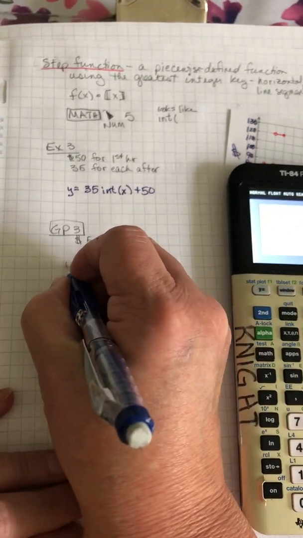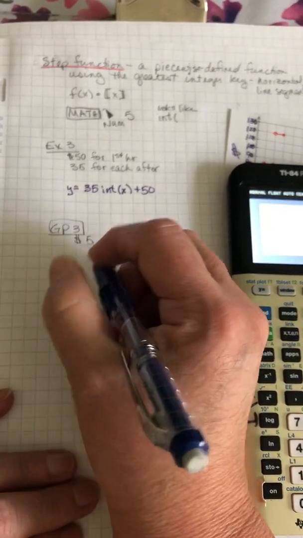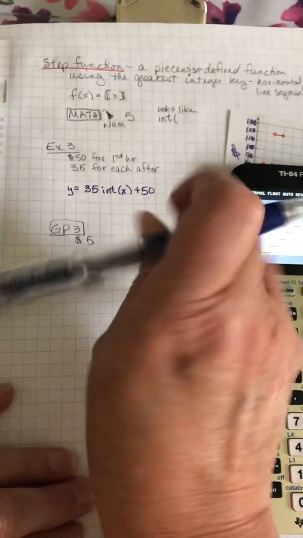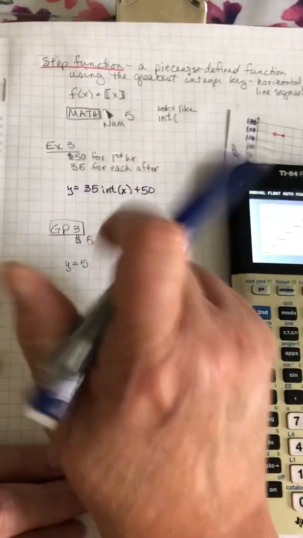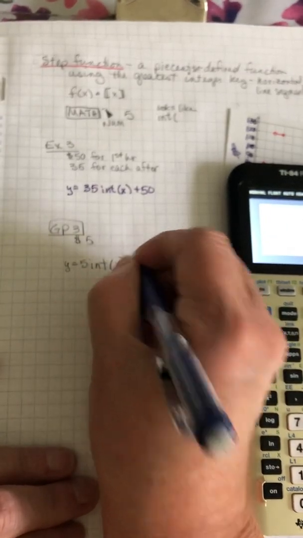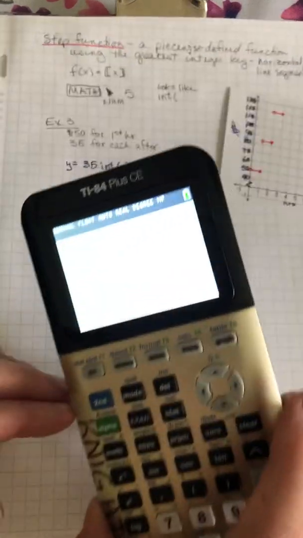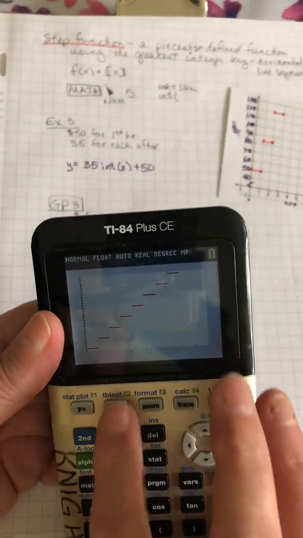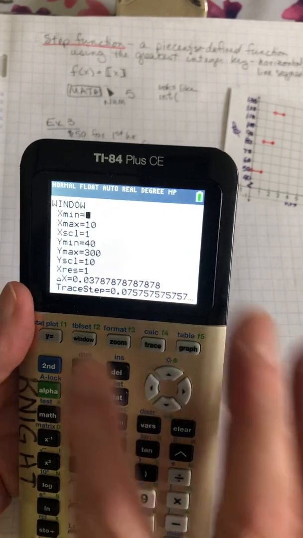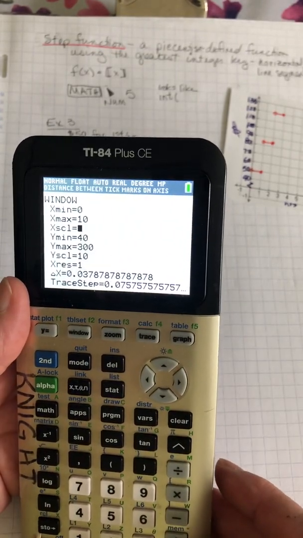So my equation is going to be y equals 5, and then I do my integer function, INT x, okay? Again, I want to change my window, okay, because I'm not doing auto mechanics. I still can leave the x's the same.